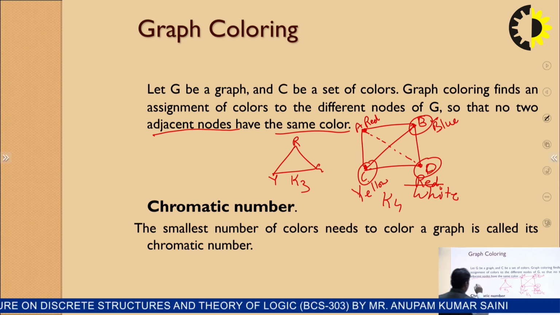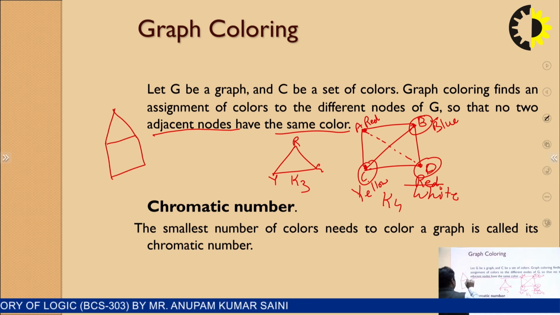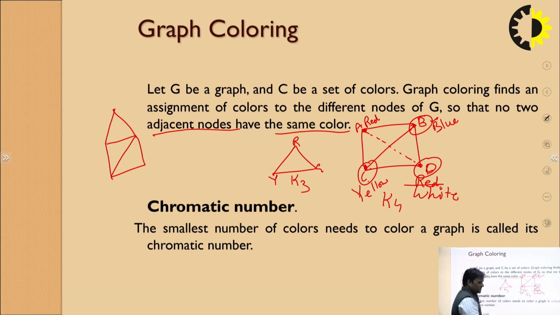If we take a simple graph of 5 vertices, we take this graph only, this is not a complete graph, this is a graph in which there are 5 vertices. We assign colors to this graph: red, green.